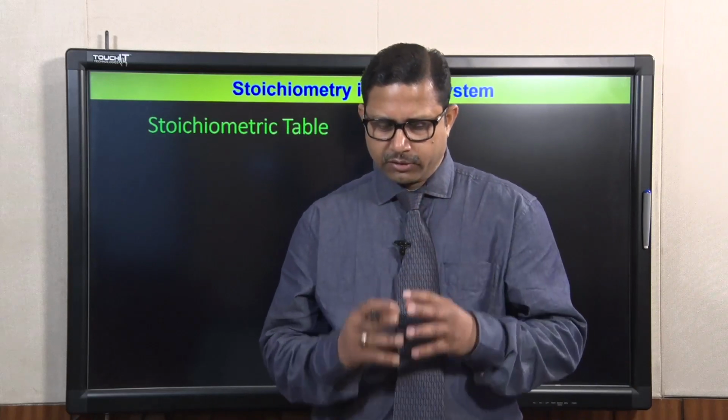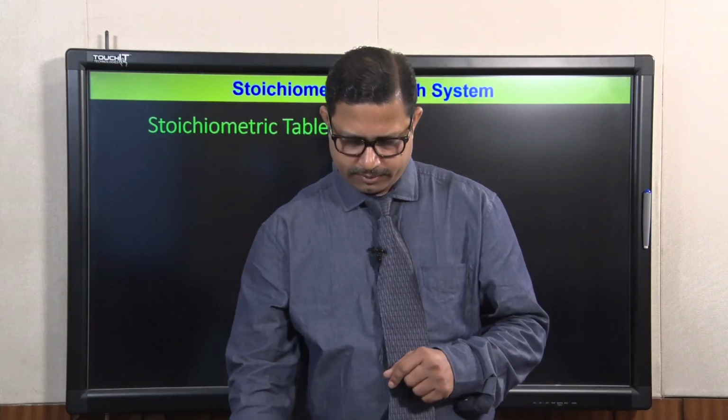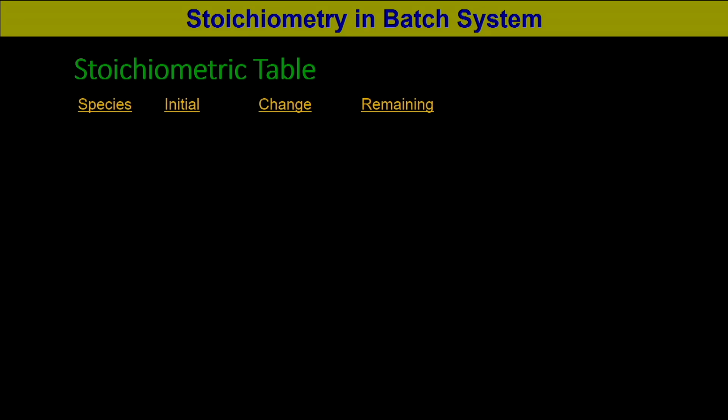Now, we need to develop the stoichiometric table. In the stoichiometric table, let us write the species, the initial amount, the change, and the remaining amount.